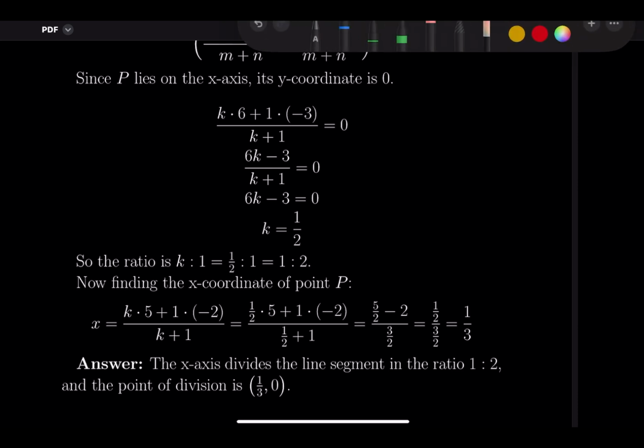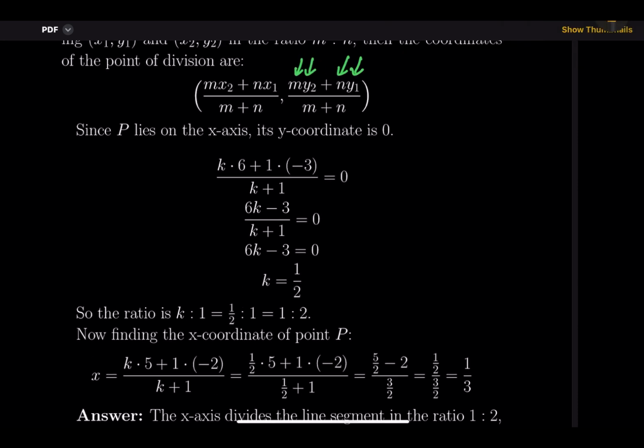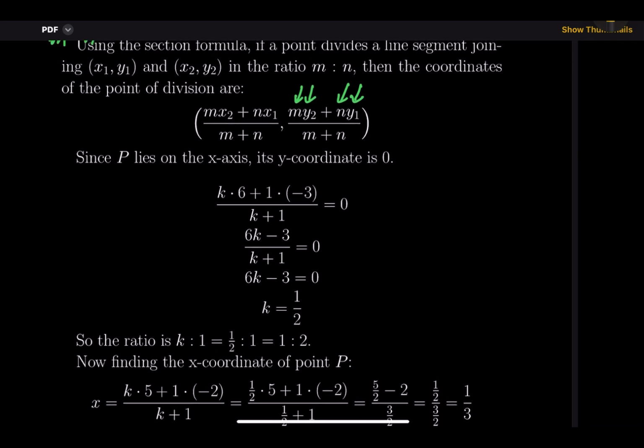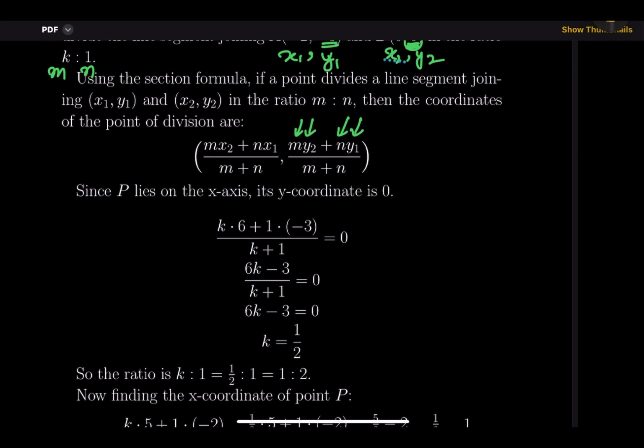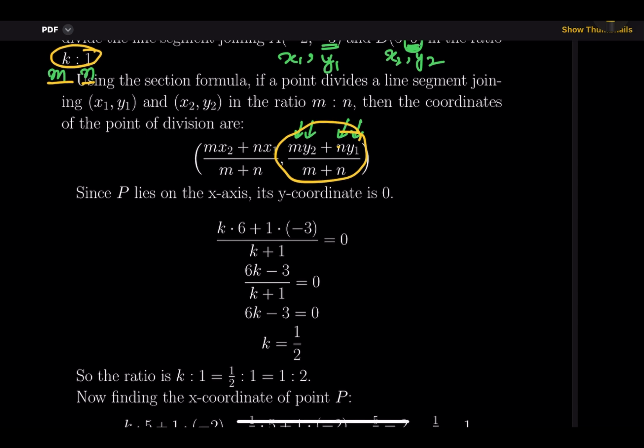If you have time and if you want to understand any other way that I can do, you don't need to put k is to 1, just put m and n.